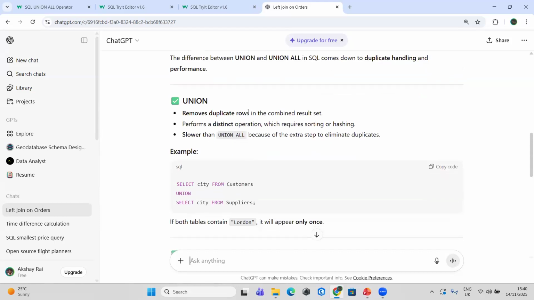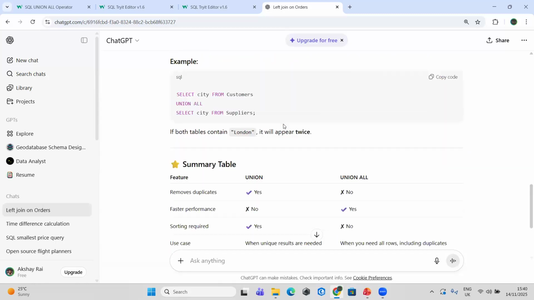Duplicates. Yes, this is the main difference.